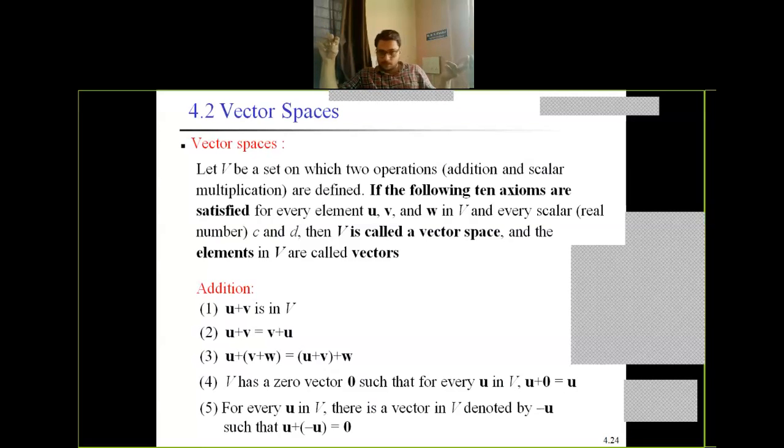Minus 3 is a real number, 0 is a real number, and I am getting the result as minus 3, which is also a real number. So property 4 is also satisfied. Then obviously, if I add 3 and minus 3, the result is 0. So property number 5 is also satisfied.